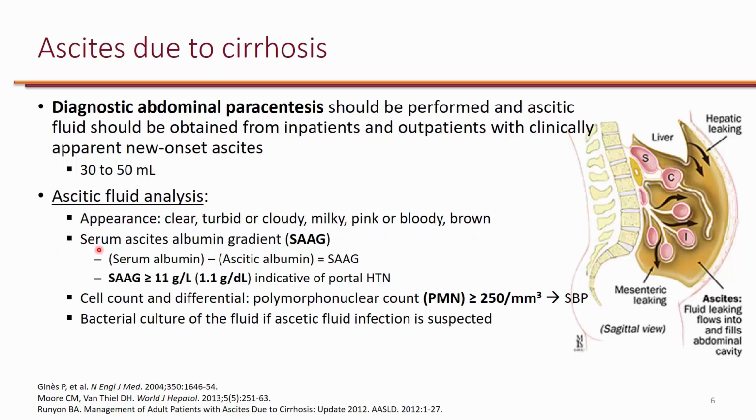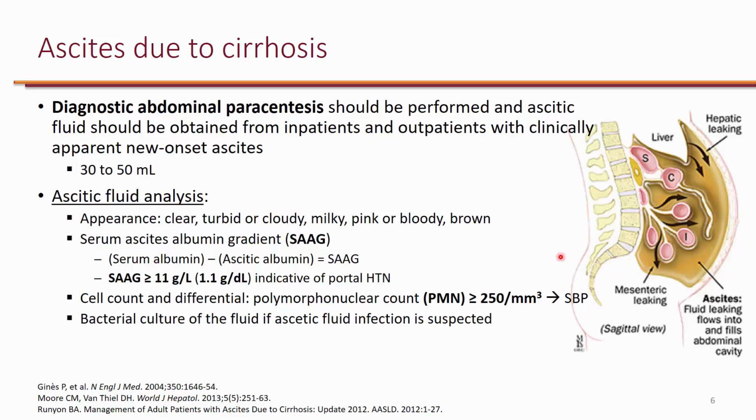Of particular importance is the serum ascites albumin gradient. What this means is that once you get that fluid and you send it to the lab, they will tell you how much albumin is in the fluid. You can also check the albumin in the serum. Normal serum albumin is about 3.5, which will be lower in this patient.